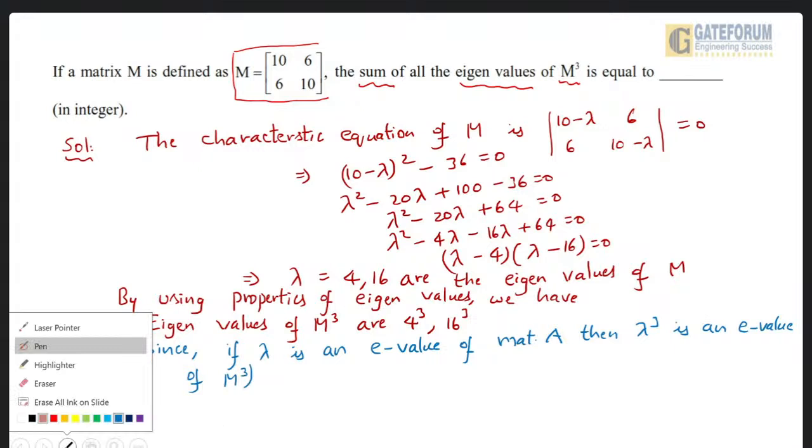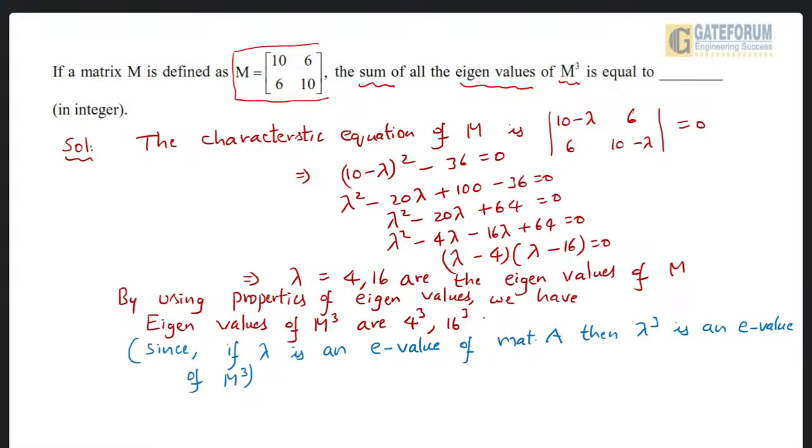So now 4 cube is 64. 16 square is 256. 256 into 4 means 1024, and 1024 into 4 means 4096. Now finally what do we require? The sum of the eigenvalues.